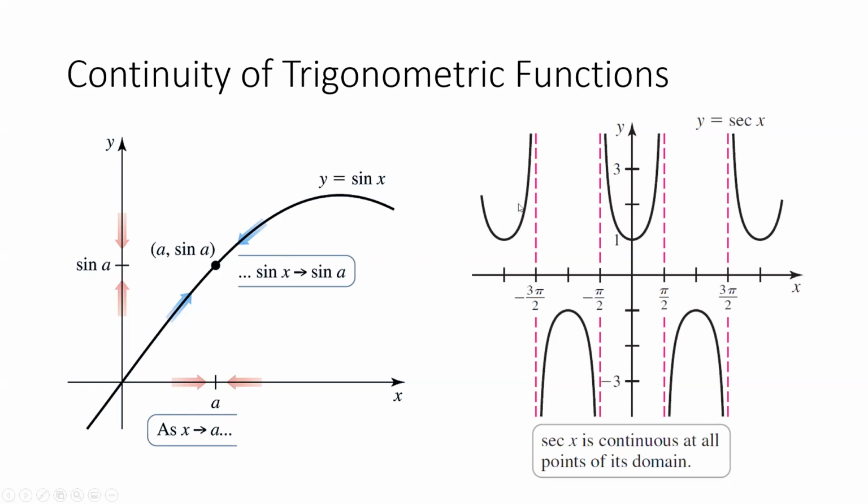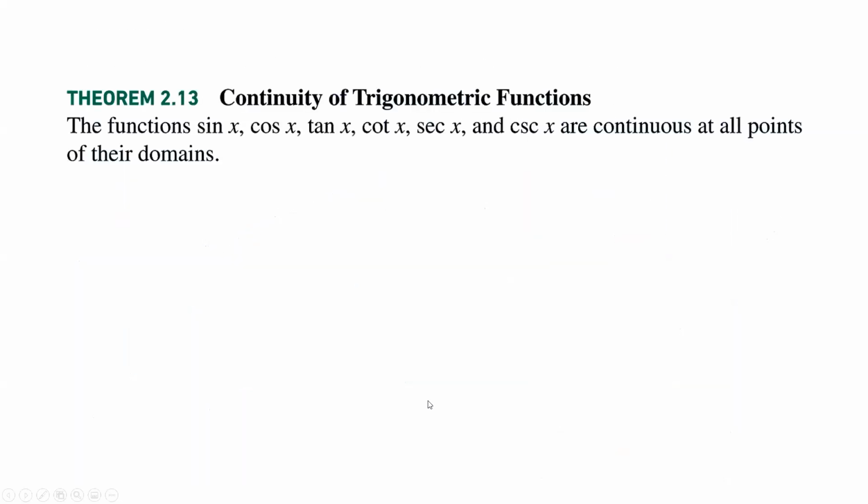And if we have other graphs, like the secant graph here has a bunch of vertical asymptotes, so as long as you're not at one of the points where there's a vertical asymptote, it'll be continuous. So yeah, if I have sine or cosine or tangent, cosecant, cotangent, they'll be continuous at all the values of x in their domains.